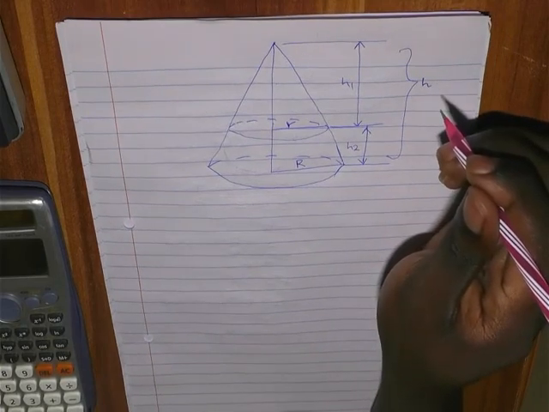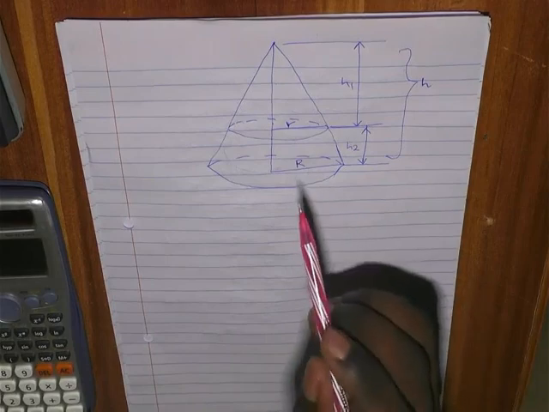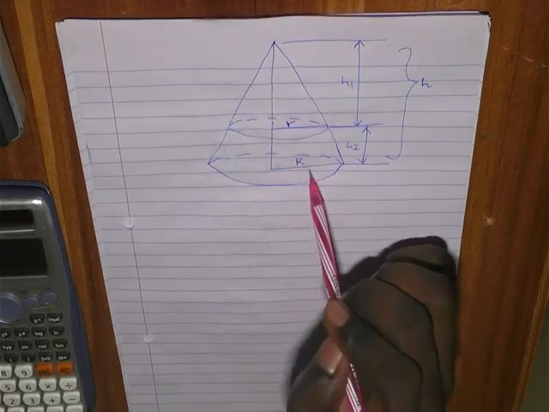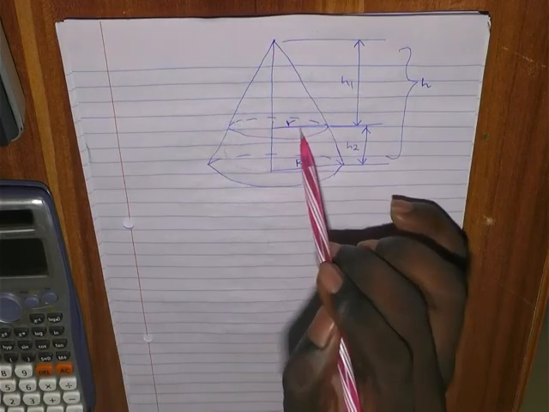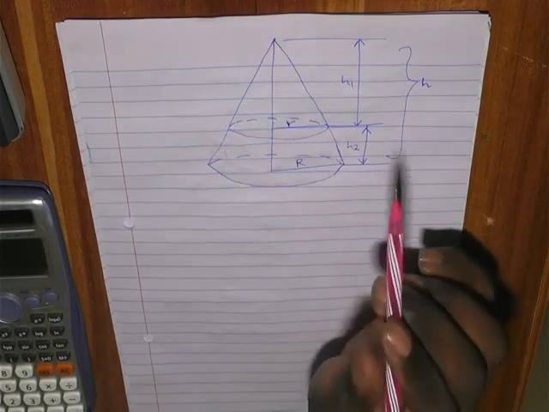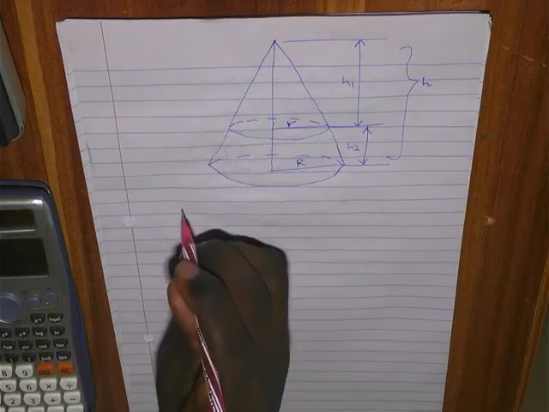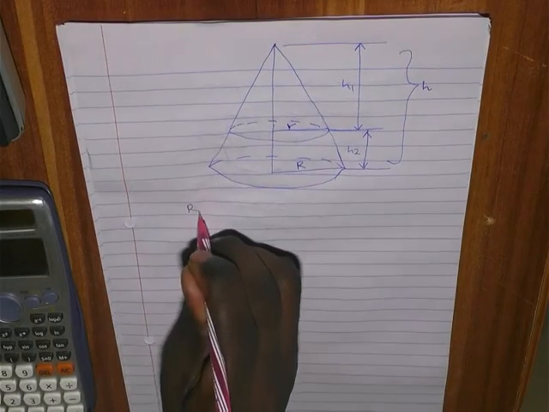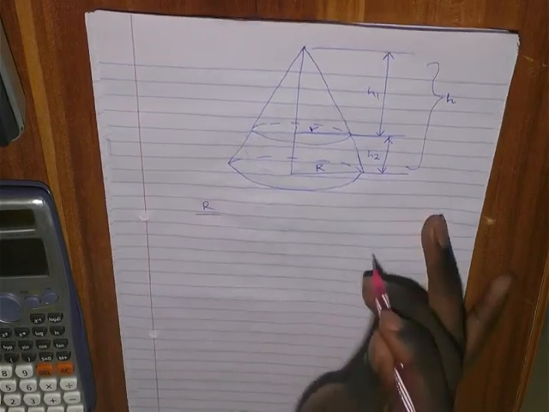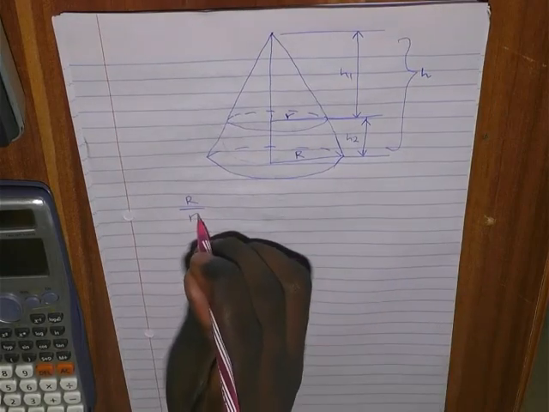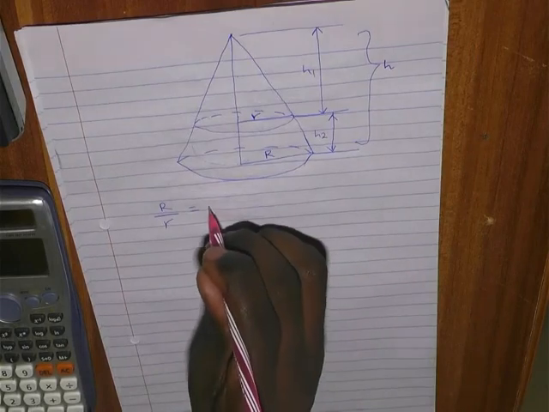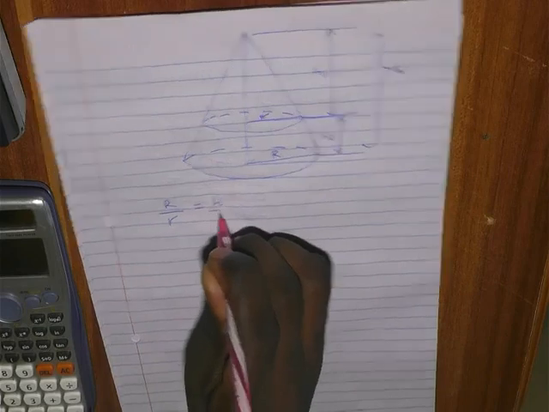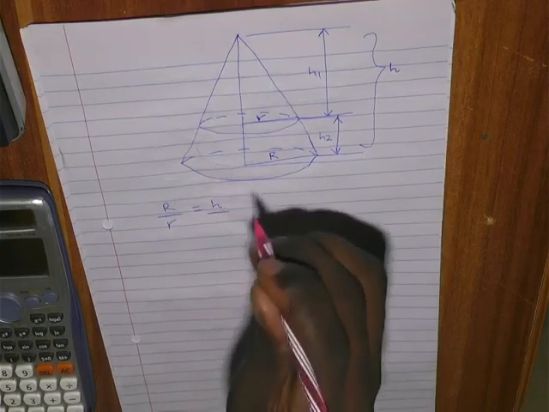Now you should remember that this is just a triangle, and it's at some ratio with this triangle. So we usually say that this bigger triangle over this smaller triangle, their ratio is equivalent to that bigger height, which is h, all over that smaller height, which is h1.